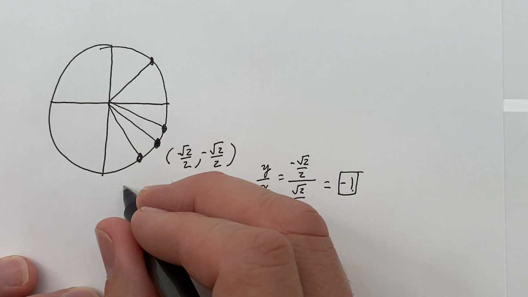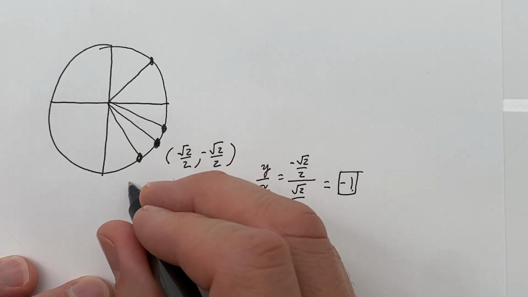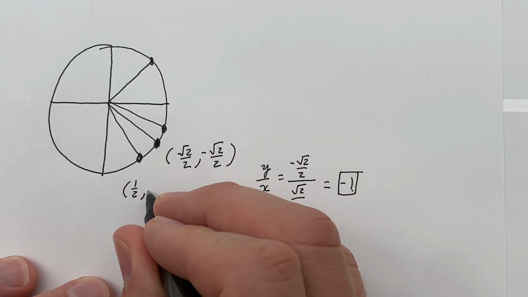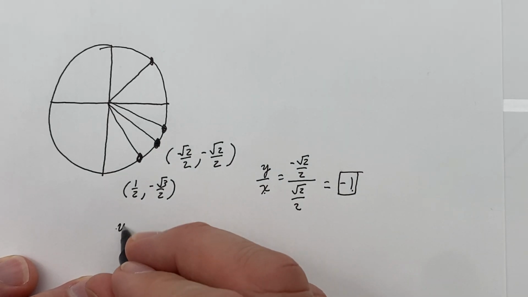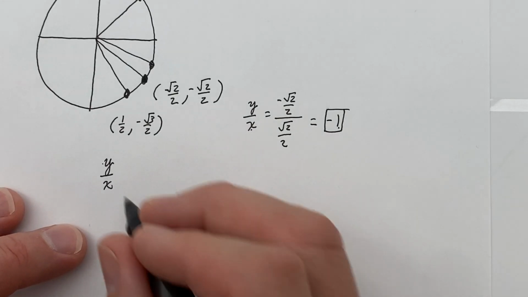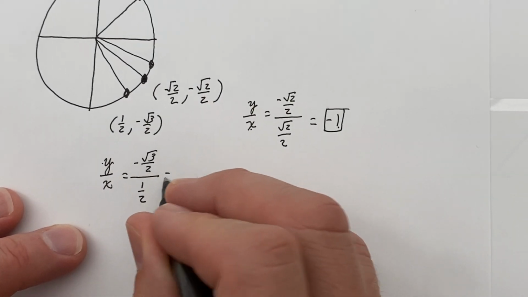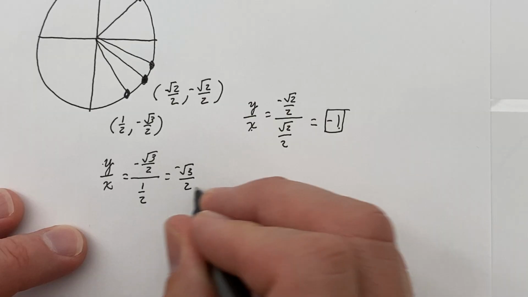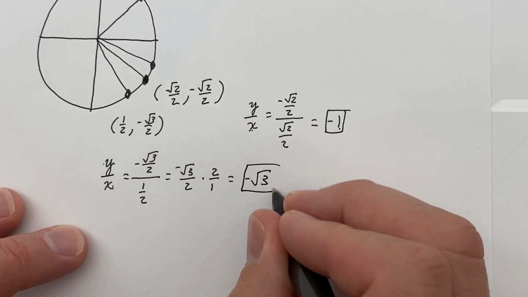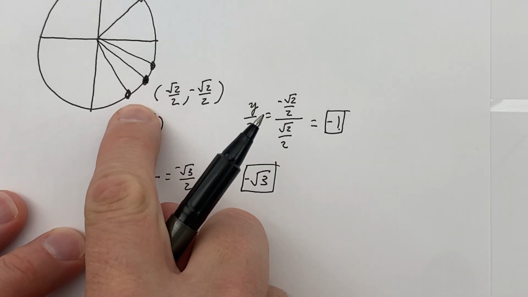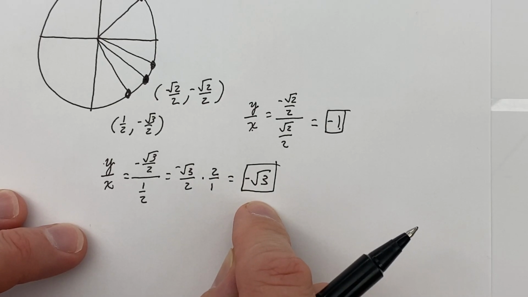Let's go to the other ones that are not as nice. If we look at 300 degrees, that ordered pair is 1/2, negative square root of 3 over 2. Once again, y over x, negative square root of 3 over 2 divided by 1/2. Negative square root of 3 over 2 times the reciprocal. So at this location, 300 degrees, it's negative square root of 3.